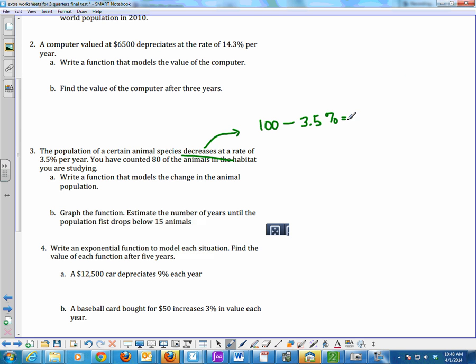So this gives you 96.5%, which is a growth factor of 0.965. So that's actually decay, because when you multiply it times a number, you're only going to return 96.5% of that number.